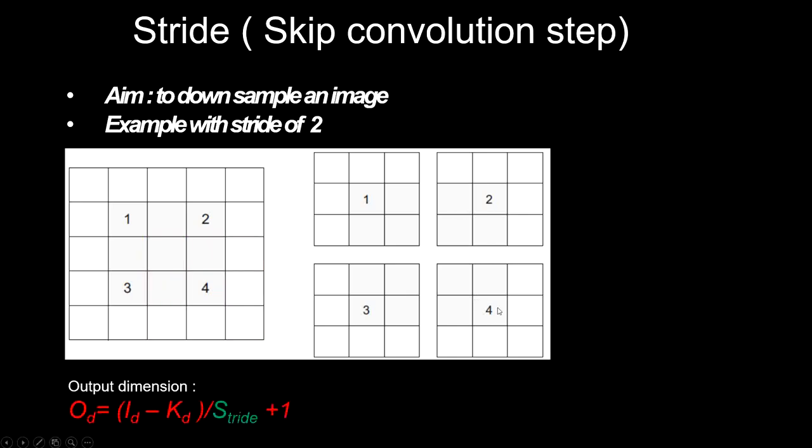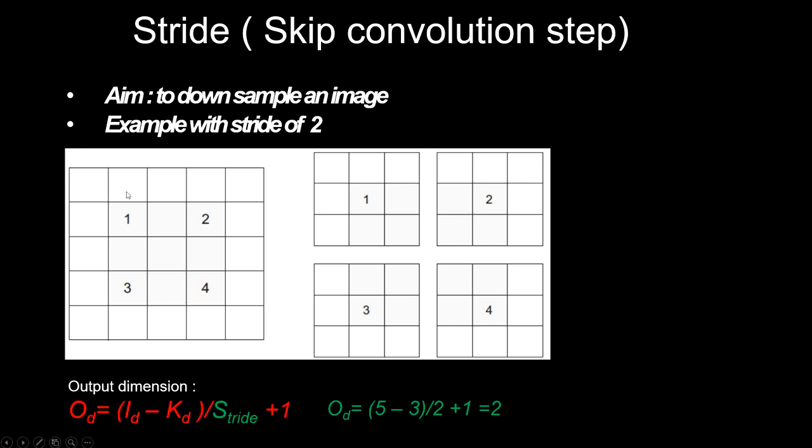So every stride that you add to the system reduces the dimension of the image by this factor. It means that you take the input dimension minus the kernel dimension, over the stride that you want to put. Let's say if you put 2, then it will be over 2, plus 1.